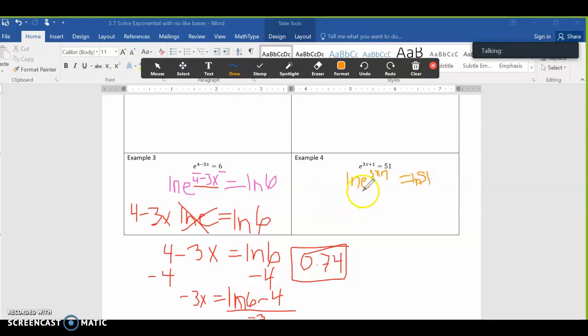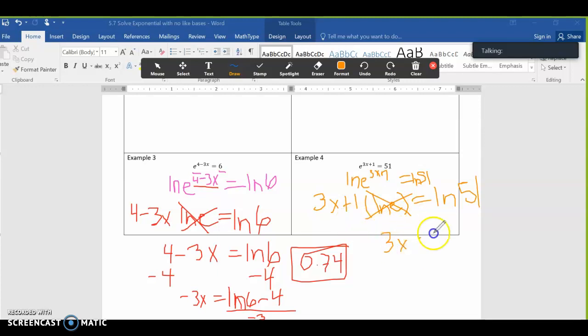My bad. So we know that the power property states that I can move the exponent in the front. Okay, ln and e are inverses, so they will cancel each other out. Then I just simply solve for x.